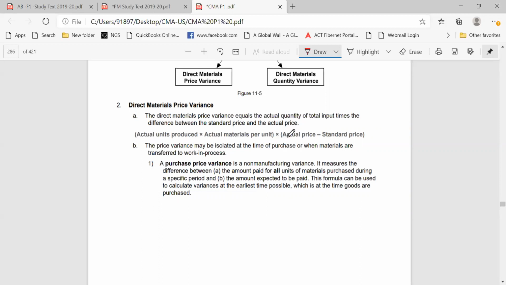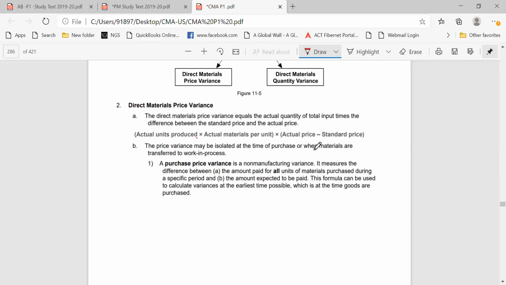Actual units produced multiplied by actual materials per unit, minus standard.